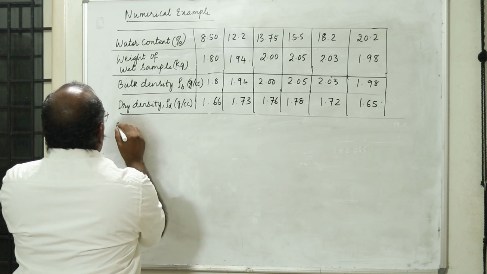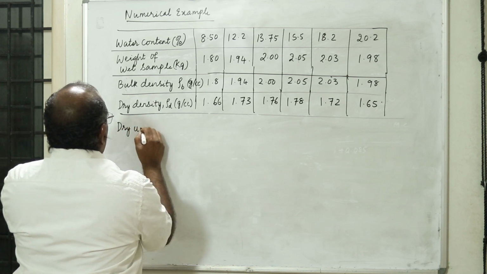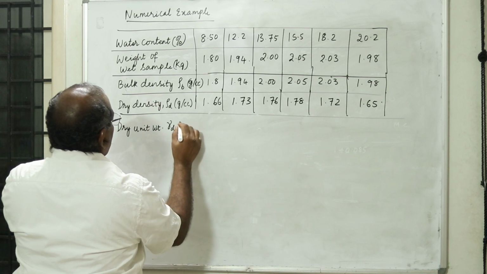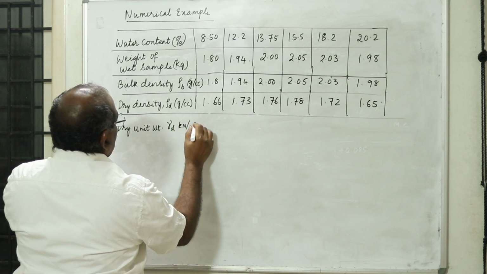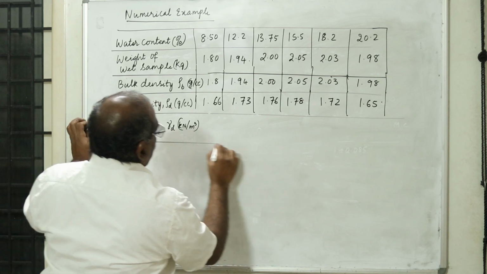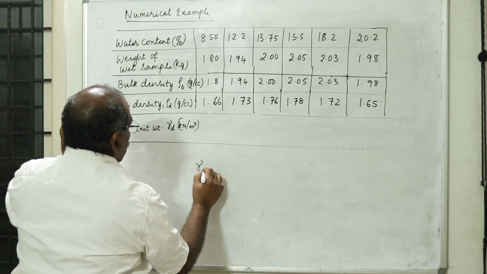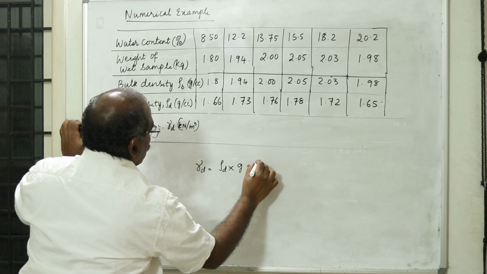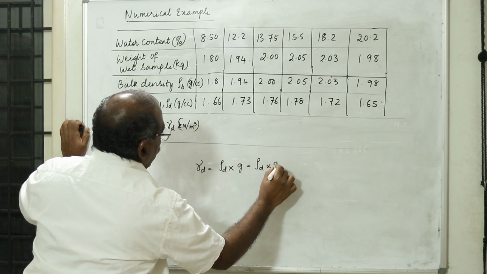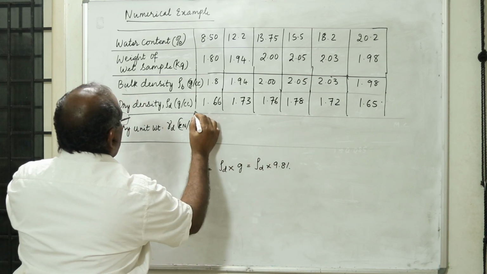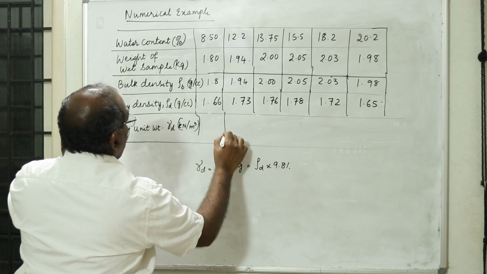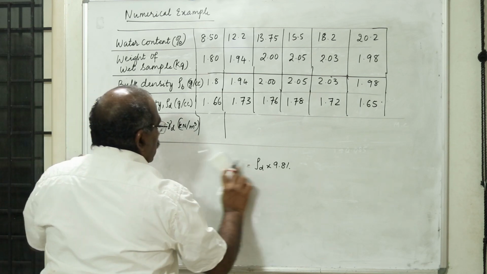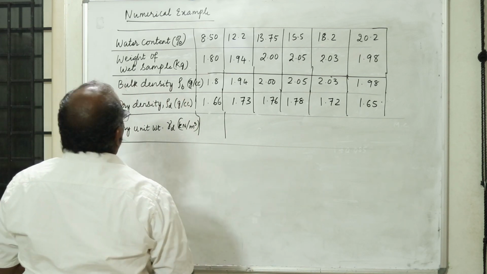Therefore, I can convert into dry unit weight. Dry unit weight gamma D is equal to rho D into g, rho D into 9.81. If I multiply by 9.81, I get my dry unit weight in SI units.